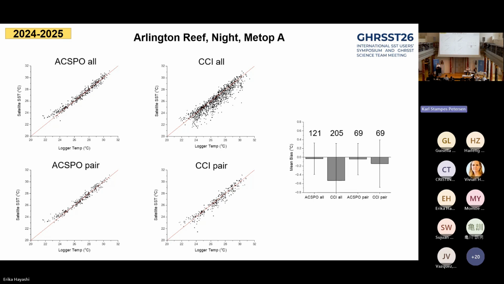So that, as you can see on the right-hand side, is paired. Now for Arlington, the bias results on the right-hand side are only for data above the stress threshold for the site, 28.6 degrees.